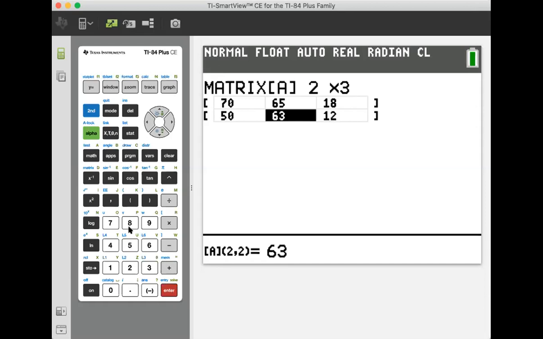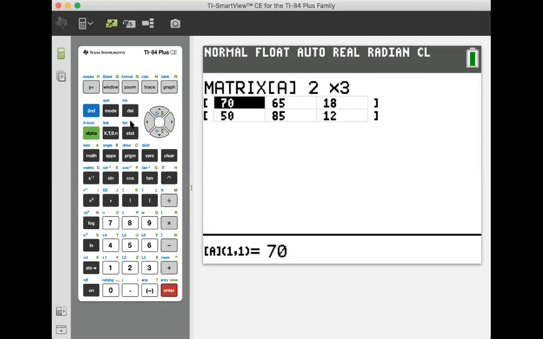And now this was 85, enter. And 12 was the same, enter. Okay, so we're done with the matrices. Let me make sure I get this correct. I'll put the 12 in there again and hit enter.